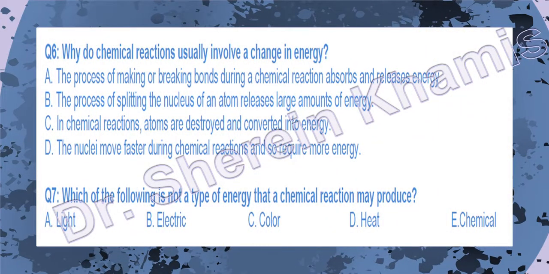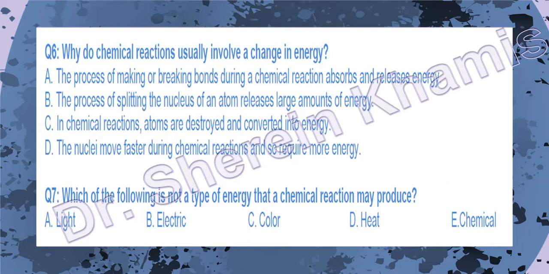Question 6 says: why do chemical reactions usually involve a change in energy? The first option: the process of making or breaking bonds during a chemical reaction absorbs and releases energy. Second: the process of splitting the nucleus of an atom releases a large amount of energy.